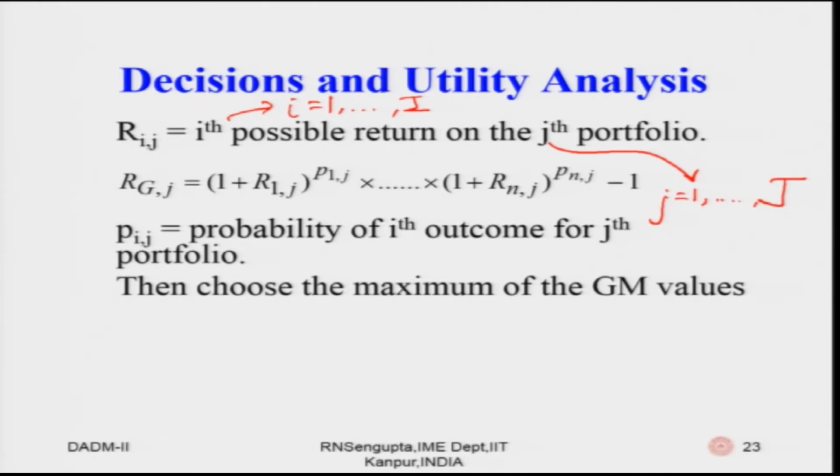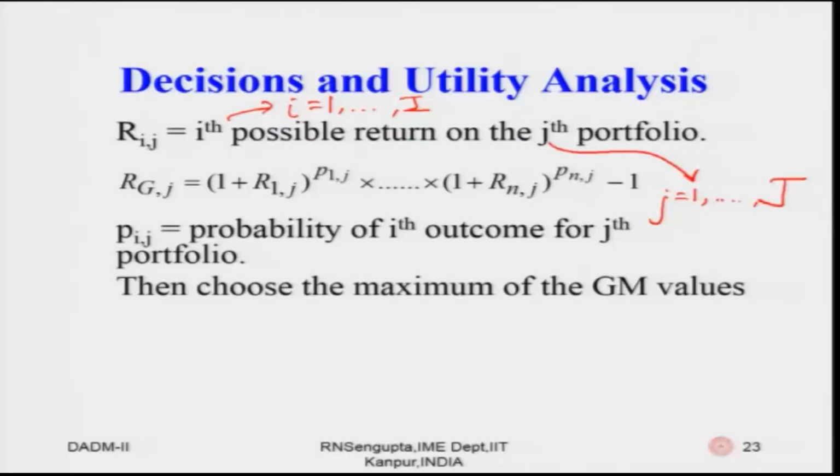Now, if you remember, for any decision the probabilities for i equal to 1, 2, 3, 4 till capital I, if you sum them up, will give the probability corresponding to the decision small j. Similarly, j can be 1, 2, 3, 4, 5, 6, and we will find the probabilities. Pij is the probability of the ith outcome for the jth portfolio, and obviously we will also check that the sum of the probabilities should be equal to 1.